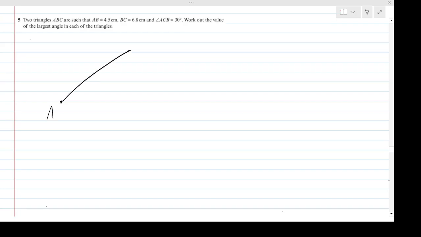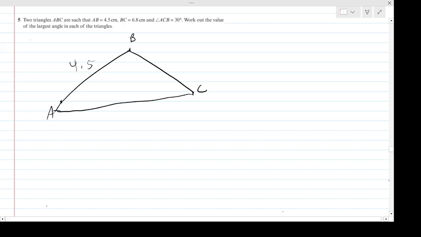So if I have the point A, then the point B, say here, and then the point C here, I've got my triangle by connecting the points there. Firstly, AB is 4.5, so that's here, and BC is 6.8, and I'm also given angle ACB is 30.